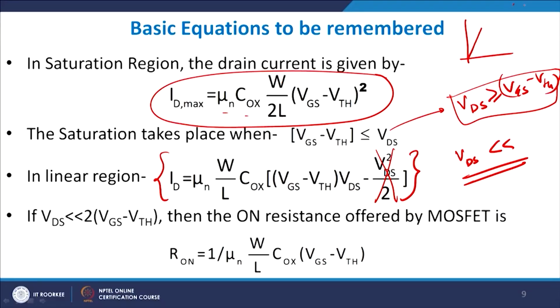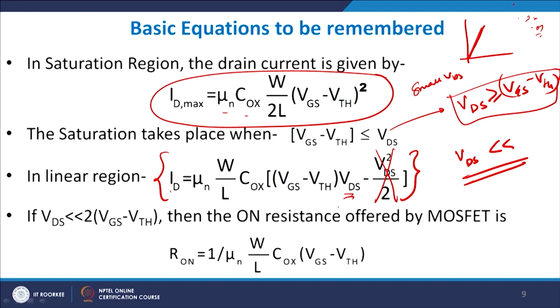So 0.04 is a very small quantity, I can afford to neglect it. Similarly, say 0.3 into 0.3 will also be very small. So for small values of VDS, this is almost linear because ID is directly proportional to VDS.